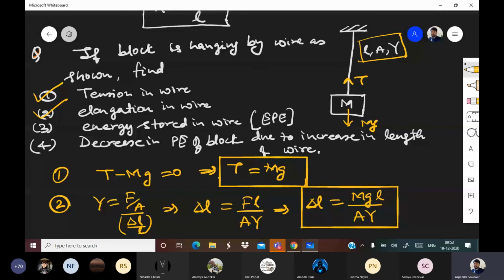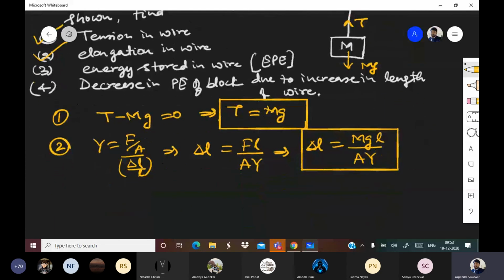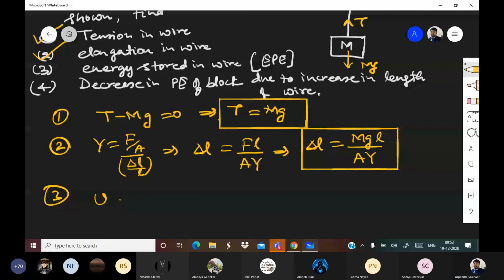Alright. Now comes energy stored in wire. So U is equal to half into stress into strain.